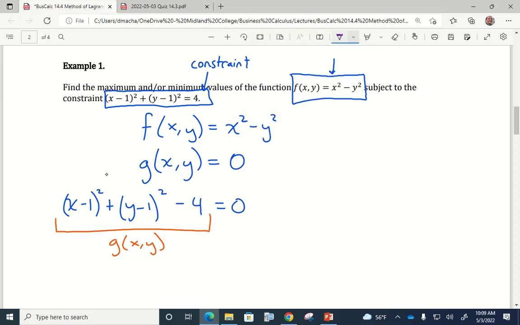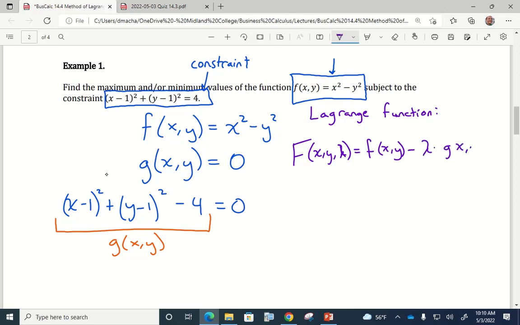So the next thing I have to do is I'm going to write my Lagrange function. So I write capital F. This is going to be a function of x, y, and lambda, equal to lowercase f of x and y minus lambda times g of x and y.